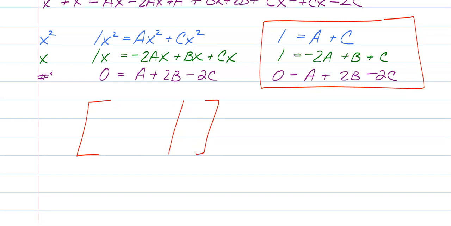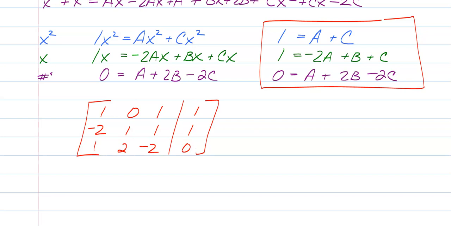We have our a and c, so that is 1, 0, 1, and then our constant is 1. In the next row, we have negative 2 for the a, 1 and 1 for the b and c, and that's equal to 1 as well. The last one, we have 1, 2, and negative 2, and our constant is 0.